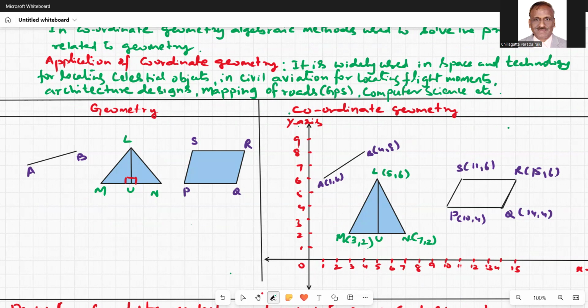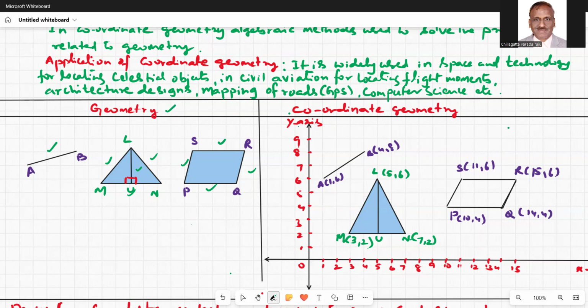In geometry, you have learned how to find the length of the line segment, and for a triangle, how to find the sides of the triangle. And here LU is the altitude of the triangle, how to find the altitude. And PQRS is a parallelogram, how to find all of its sides, and also how to find the perimeter and the area. All these things you have learned in your general plane geometry.